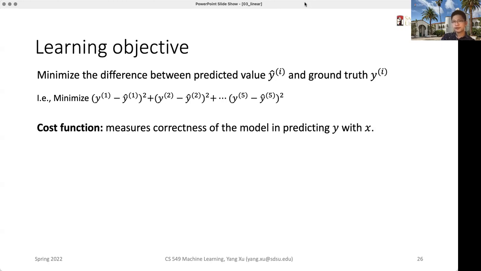And this is the so-called cost function.